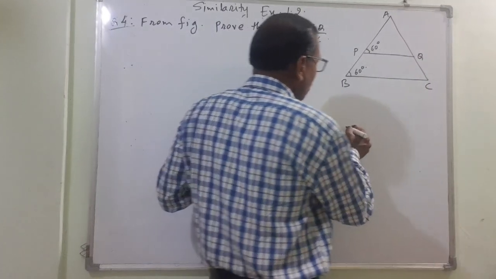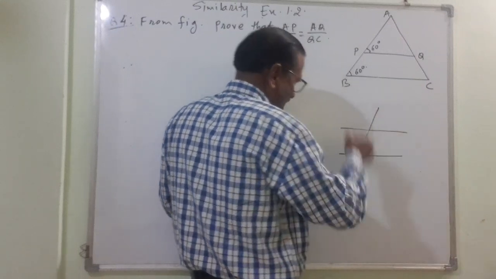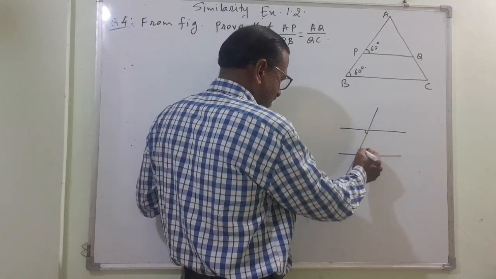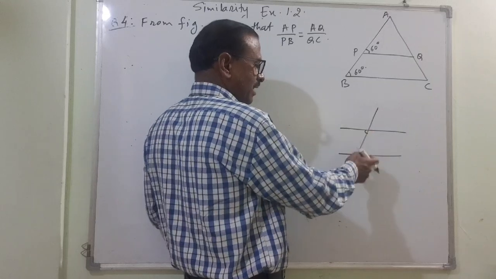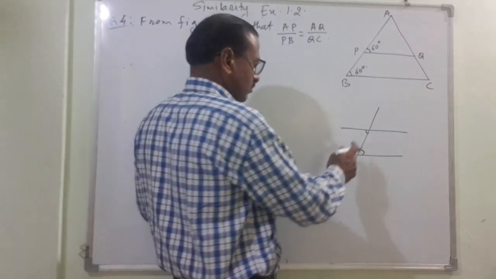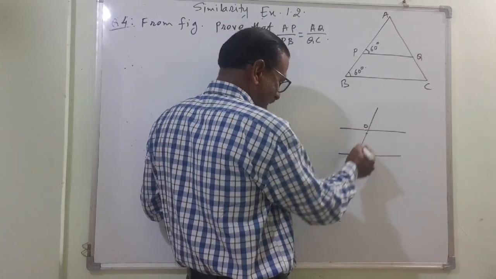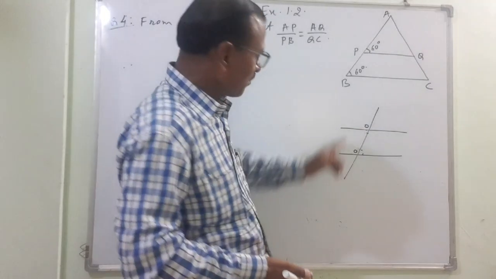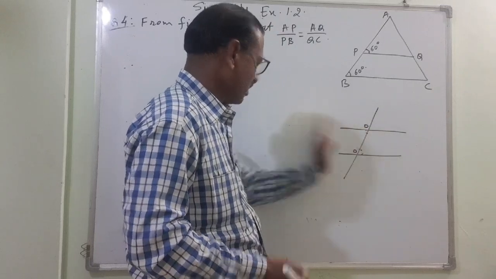Now I should know all the properties of parallel lines and their transversal. If this angle and this angle are equal, they are called alternate angles, then these two lines are parallel. Or if this angle and this angle are equal, they are called corresponding angles, because they are at the same position, up, left, left.